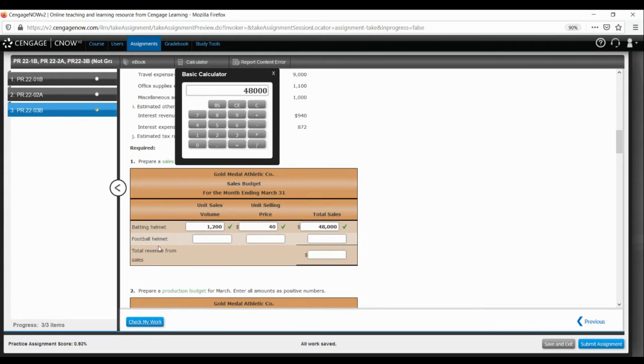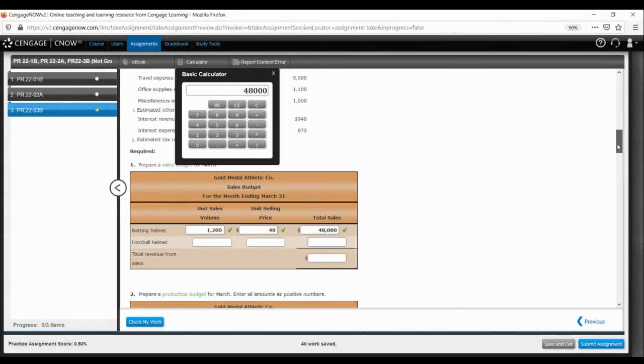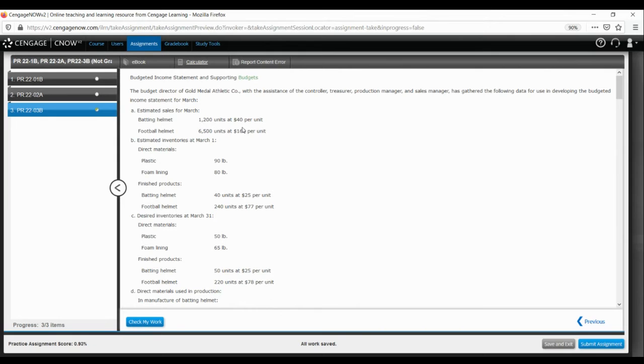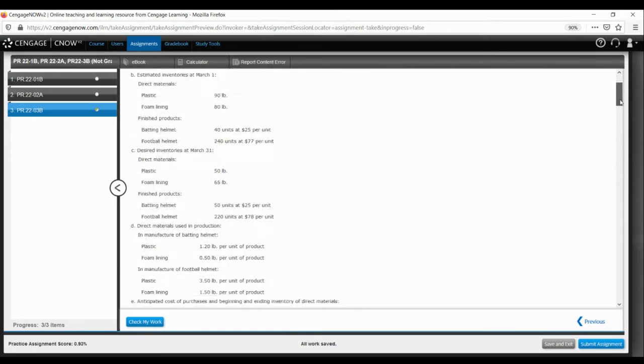We're going to do the same thing for the football helmets. I'm going to scroll up to the additional information that's given in the problem. It's in Part A, the football helmets. They're going to tell you that they're expecting to sell 6,500 units at $160 per unit.